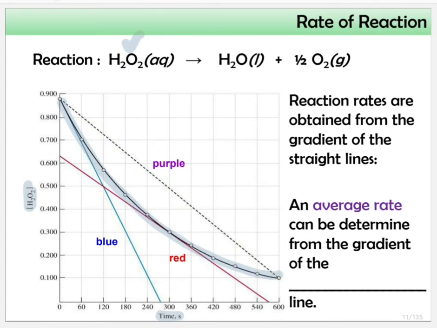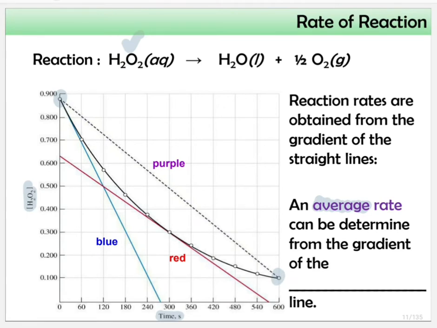Okay. Jadi, let's say saya nak cari average rate. Okay, so from the curve or the graph, kita akan draw a line tangent. Okay, maksudnya straight line lah. Kita akan lukis garis lurus. Okay, kalau average rate, you punya garis lurus tu, mesti kena first point and the final point.